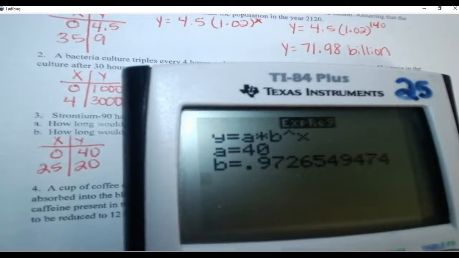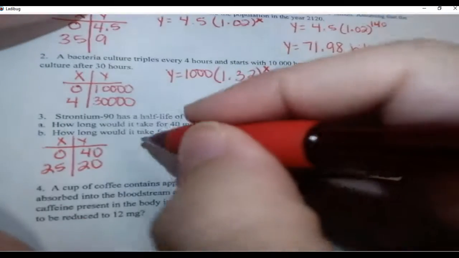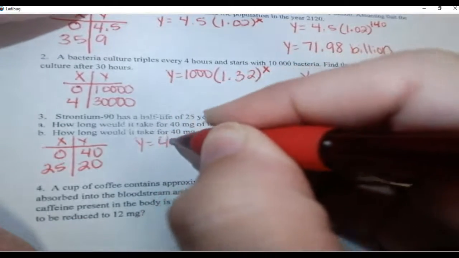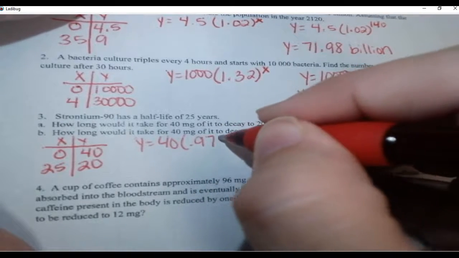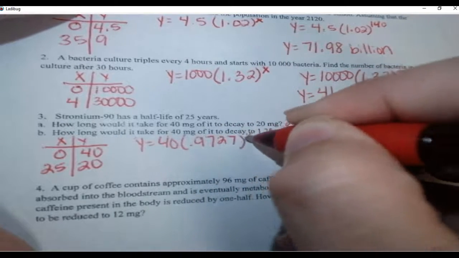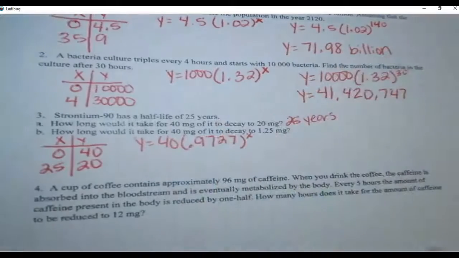So hopefully, here's your equation. So 40 and then 0.9727 to the x. I'm going to give 4 decimals.